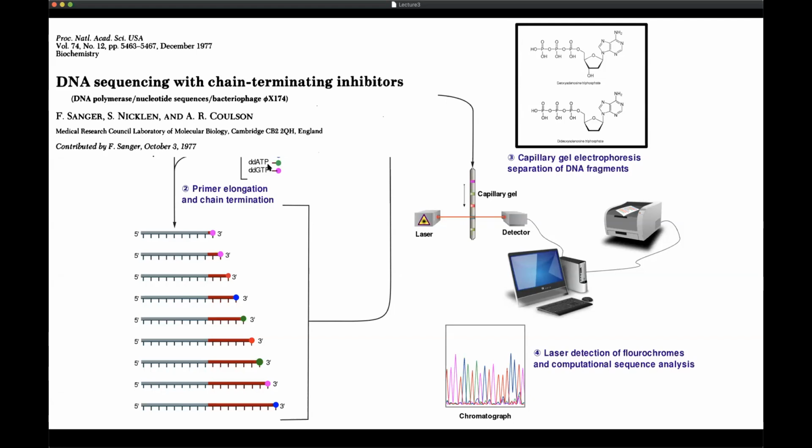One, you would add a detectable light emitter, a fluorophore, which would be color-coded based on the nucleotide. In this case, magenta, red, blue, and green. And you would also modify it chemically so that when this molecule was incorporated, the synthesis would stop.